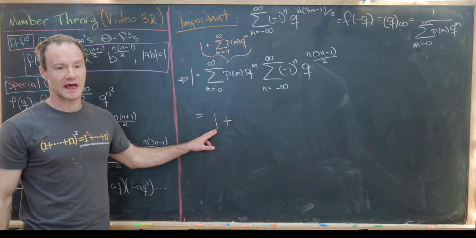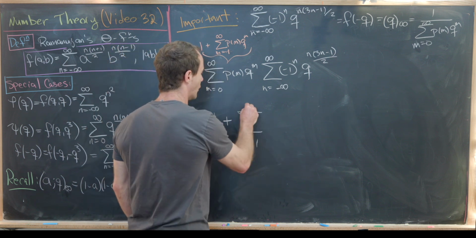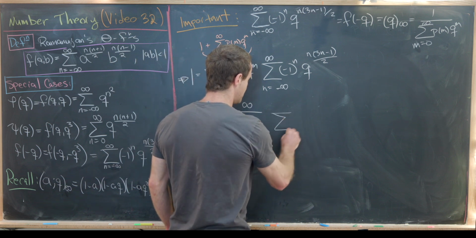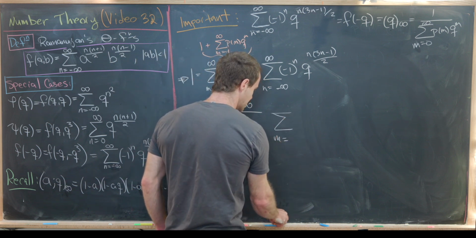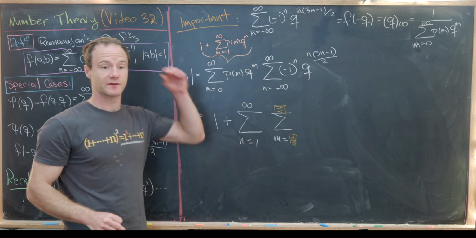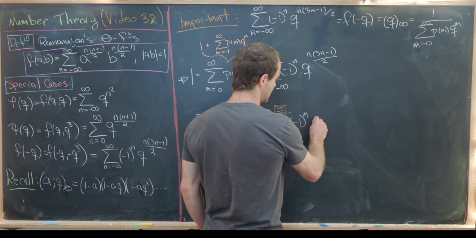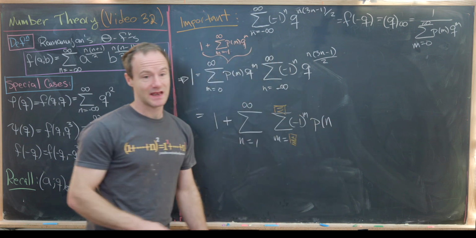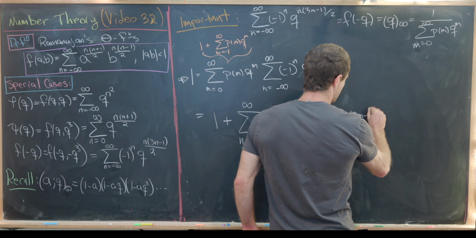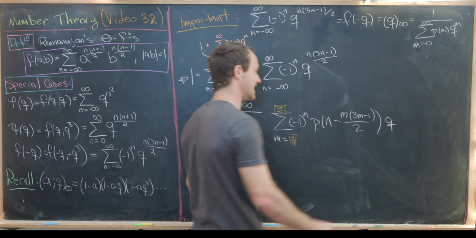I'll pull the 1 out, and then we'll have this sum as n goes from 1 up to infinity of the sum as m goes from something, I'll put this orange box, to something else. We'll talk about those orange boxes in a little bit, of minus 1 to the m, p of n minus m times 3m minus 1 over 2, and then we have q to the n.